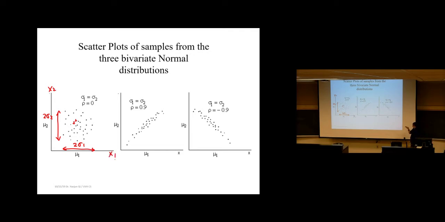But when rho is very positive, what you're going to observe is not this nicely rounded data distribution anymore. What you observe from your sample data is quite a narrow band, close to the x1 equals x2 line. And the other one is when rho is negatively correlated, and this is the concentrated band you're going to observe.